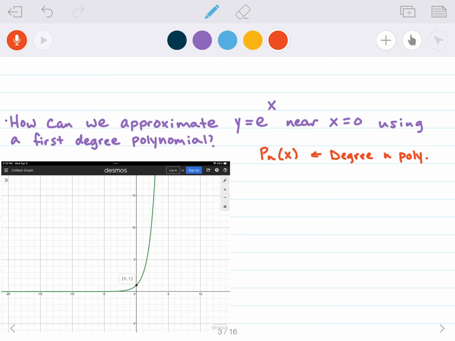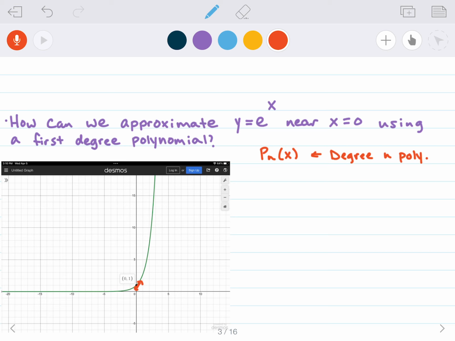Okay, so I want to look for a degree 1 polynomial, which just happens to be a line, right? And the idea here is that if we put a tangent line to this point and we zoom in really, really close, it's going to look pretty much like the curve itself. Okay, that's the idea here.